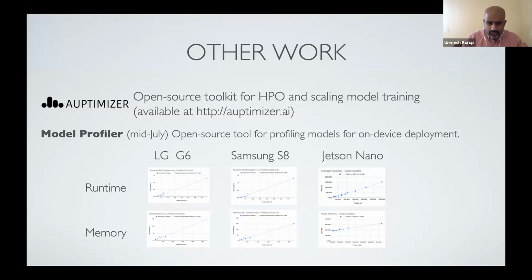What it gives you is an interface to many different HPO techniques like Spearmint or Hyperband or BOHB, whichever you want to use. By changing just one line of code, you can now switch between all of these techniques. You can also scale your model training from your desktop all the way to AWS without having to worry about taking your code and making it distributed.